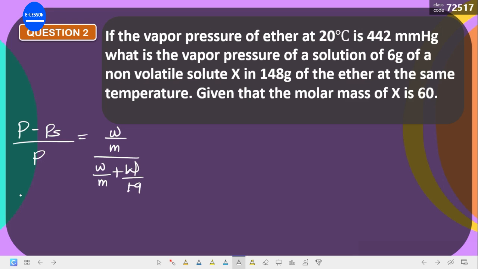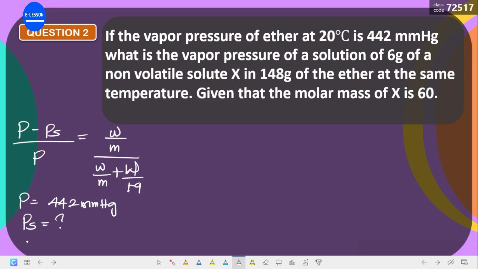If the vapor pressure of ether at 20 degrees Celsius is 442 millimeter mercury, now the vapor pressure of pure ether, P, is given as 442 millimeter mercury. What is the vapor pressure of a solution? It means you are asked to find PS. PS is unknown.